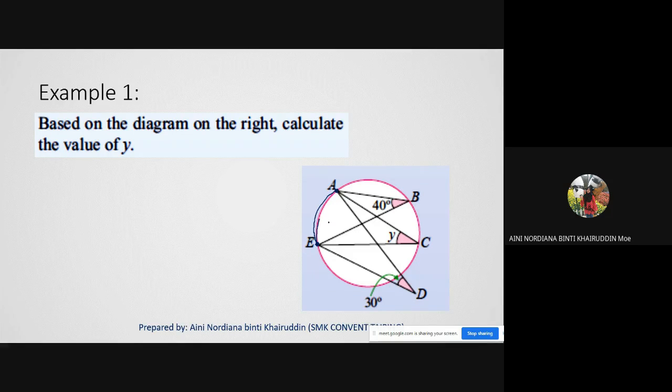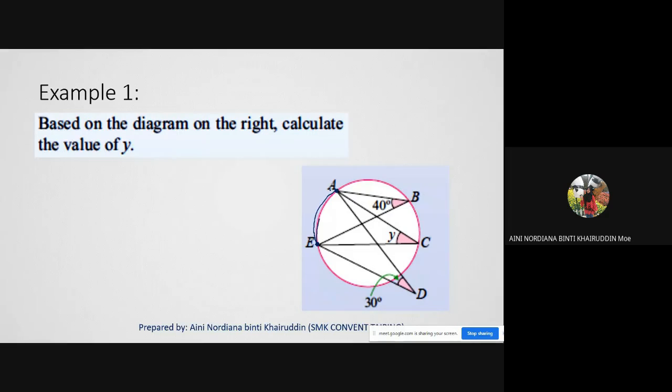No, because D, dia tak sentuh circumference. Even though from the same arc AE, tapi ini kita tak kira. So what is the value of y? 40. Y equals to 40. Yes, y equals to 40.